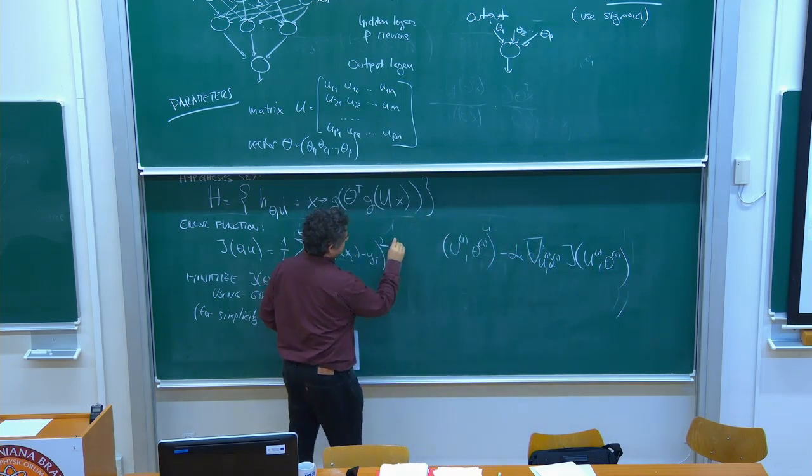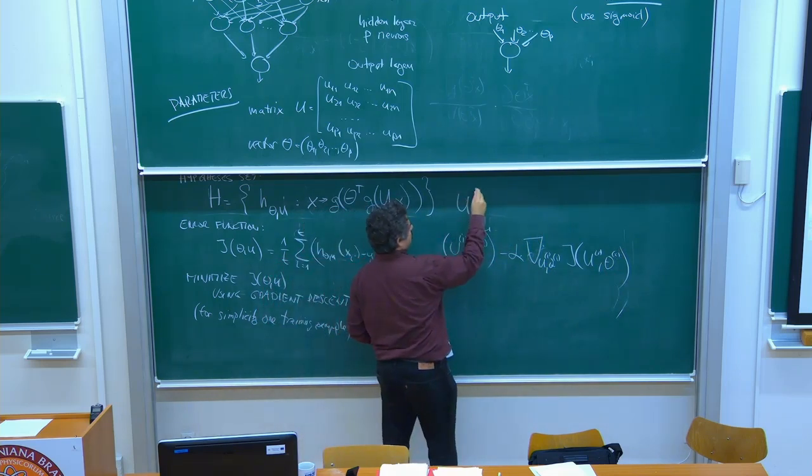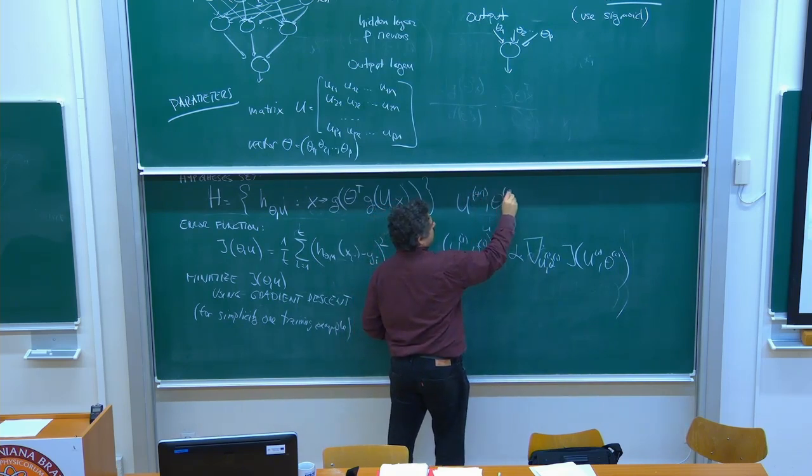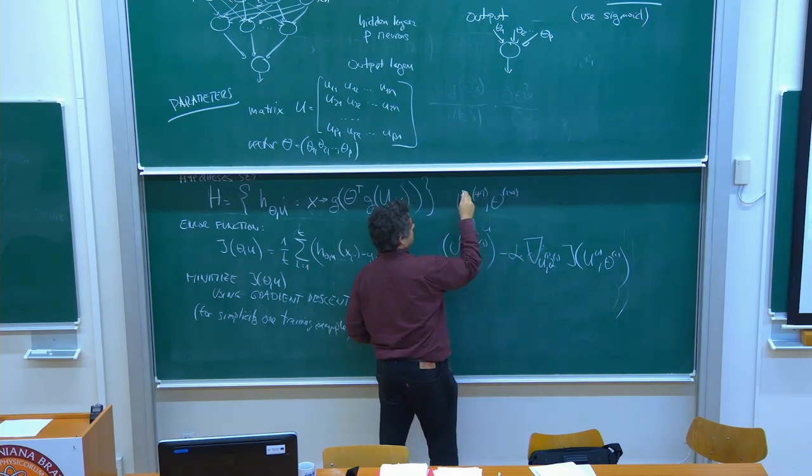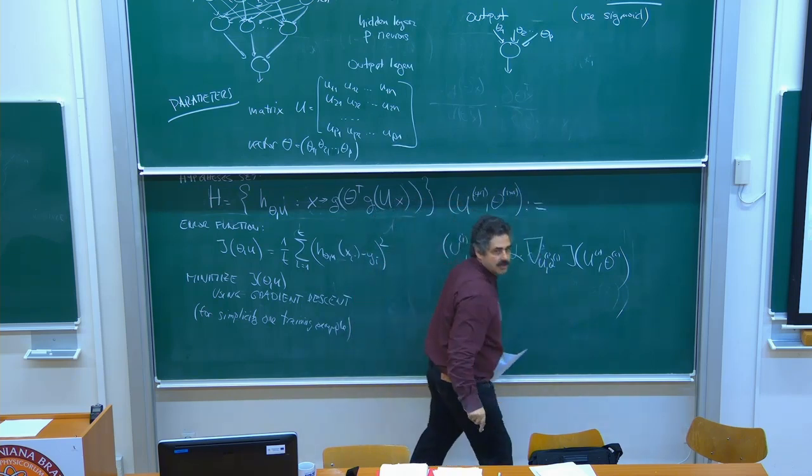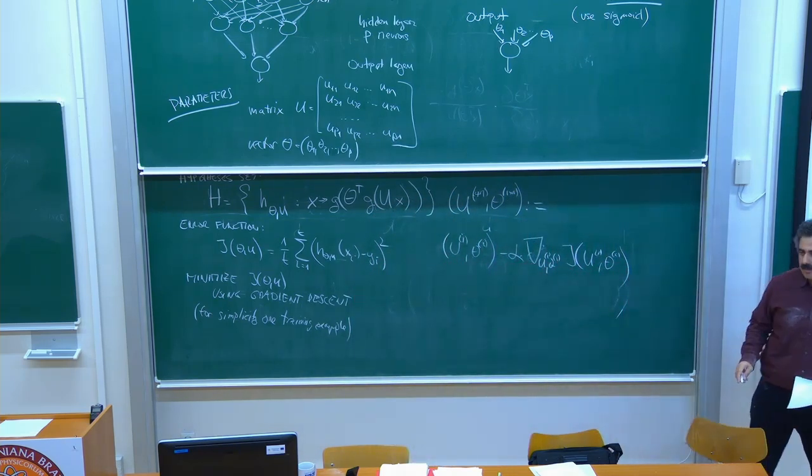And so these are the new parameters, u i plus 1. So this is our gradient descent that we want to do.